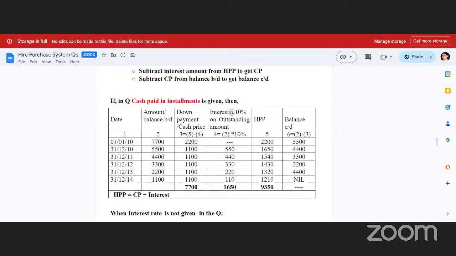How do you find the hire purchase price? In the question, he gave you the value of the asset, the advance payment paid and every installment. What is the cash price paid? And the interest is anyway there.